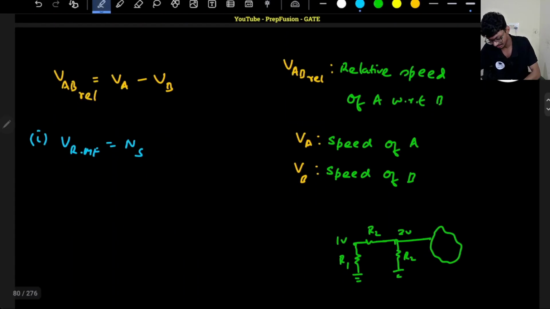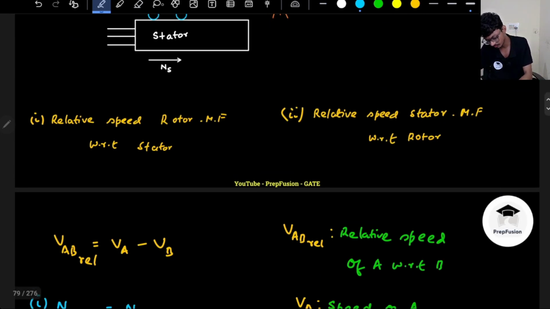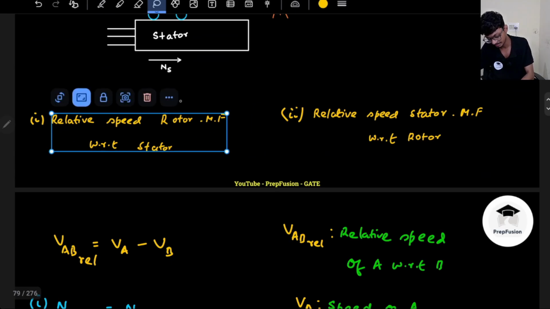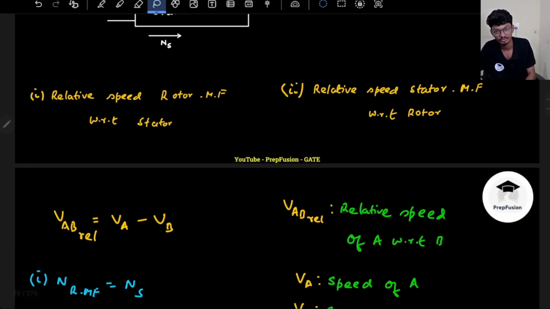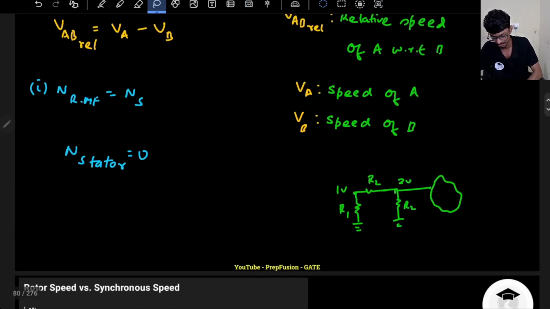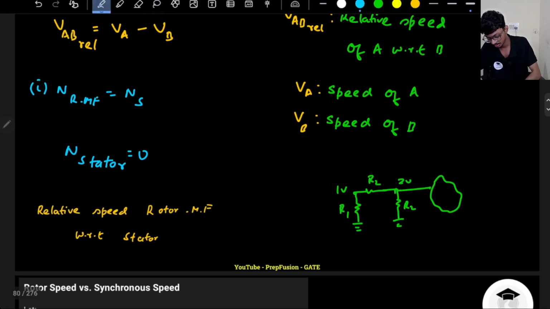Is the stator rotating? As the name suggests, it is static, it is not moving, so its speed is zero. So if I have to find the relative speed of the rotor magnetic field with respect to the stator, indirectly they are asking for the speed of the rotor magnetic field, that is ns only. So this will be the first answer.